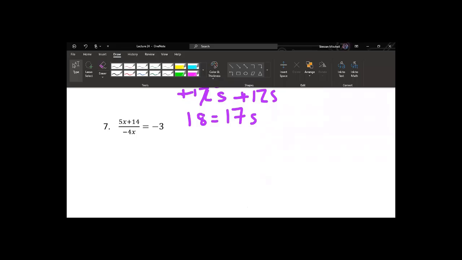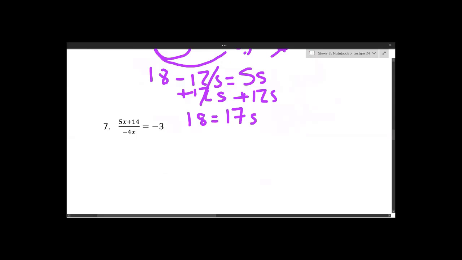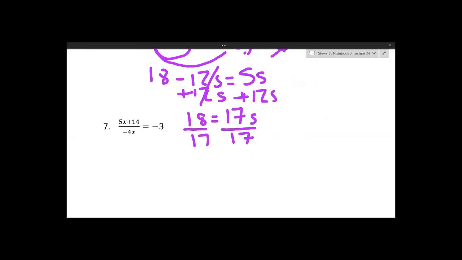And then the only thing we have left to do, since 17 is being multiplied to s, we just have to divide by 17 so that we have s is equal to 18/17.